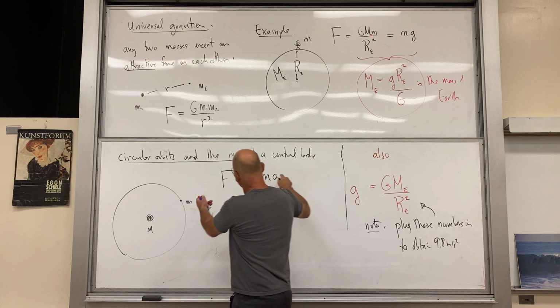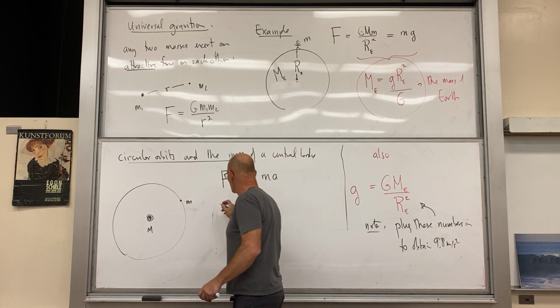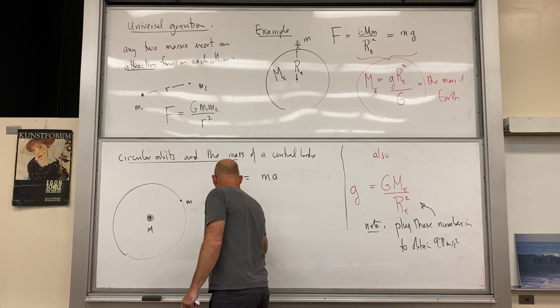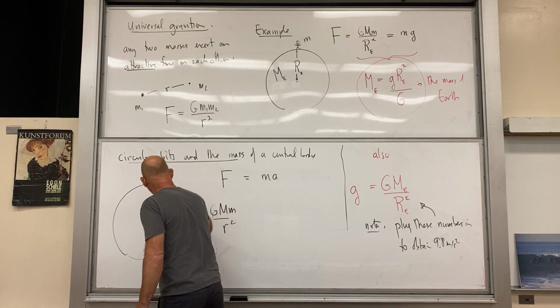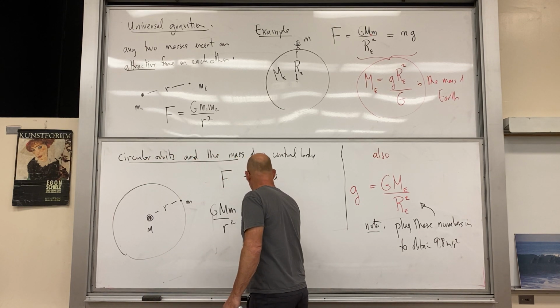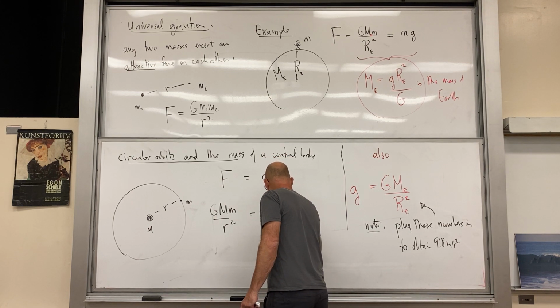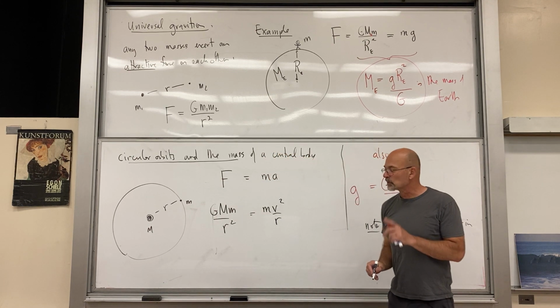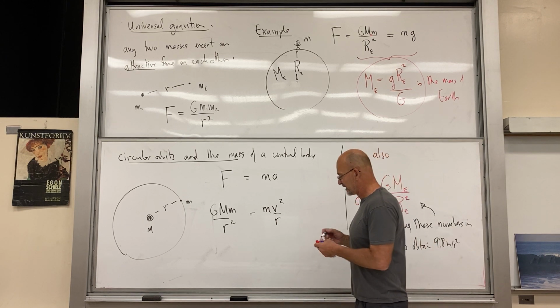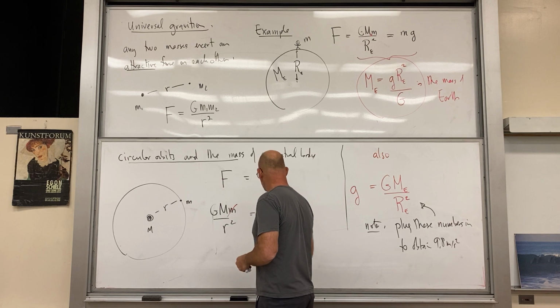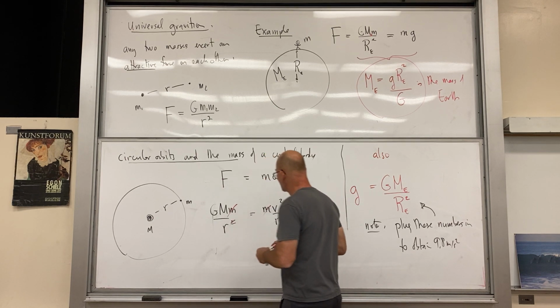Now, Newton's law. Now I'm going to put in Newton's law of gravity. G M m over r squared, the radius of the orbit, equals m v squared over r, circular orbit, centripetal acceleration. So we can simplify some things here. One of these goes away.